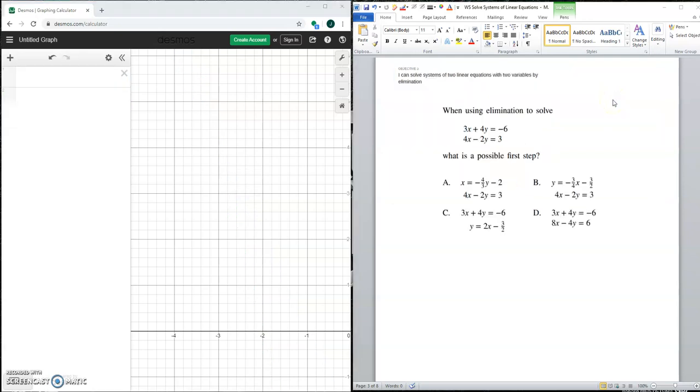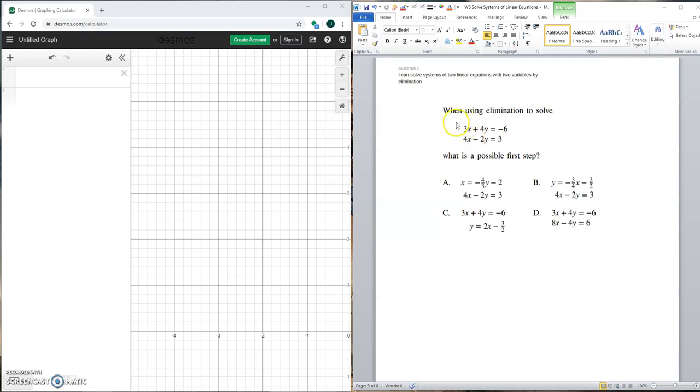So we're now on objective 3. I can solve systems of 2 linear equations with 2 variables by elimination. When using elimination to solve, what is a possible first step? Elimination is a process that can be used whenever your x or y coefficients have the same values.